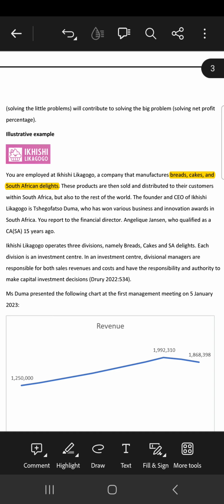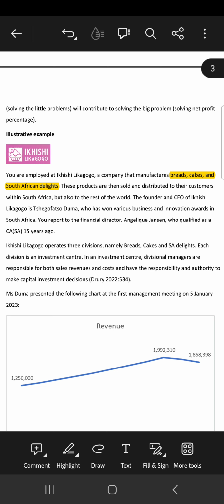The risks relating to a company that operates in the manufacturing industry would also apply to this company. That's how you need to be thinking about it. So again, reading with understanding, not just reading for the sake of reading.